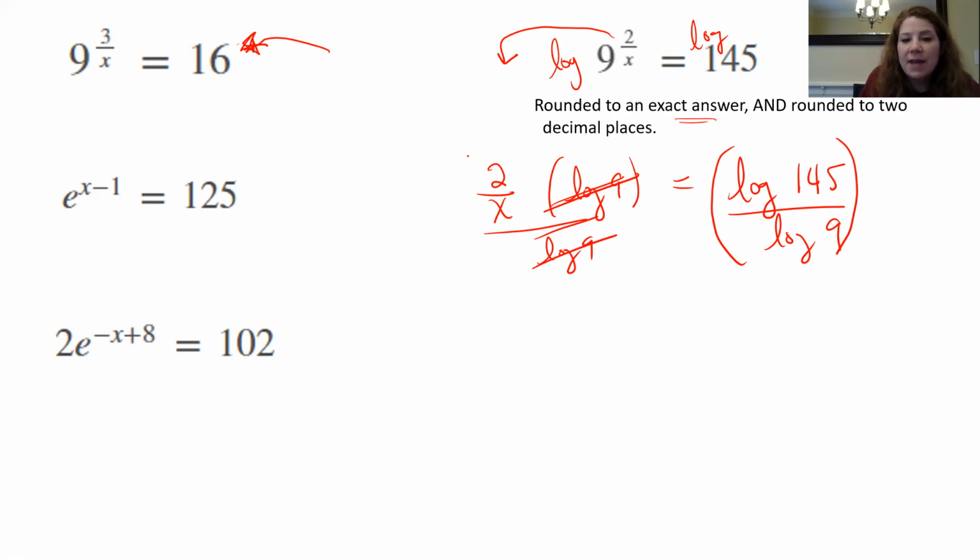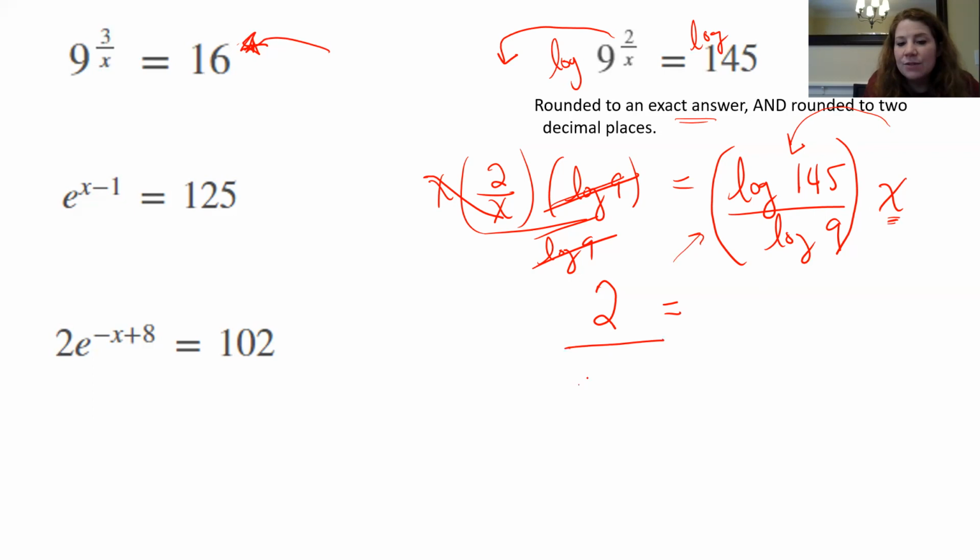The opposite of divided by x is times x, so we multiply all this by x. Basically we have 2 is equal to all of this stuff up here. Finally, the last thing I'm going to do is solve for x, which means I'm going to divide by all of this to get x by itself.